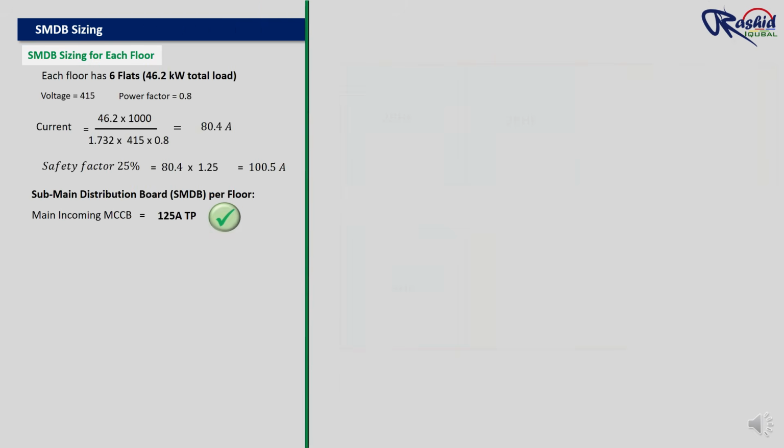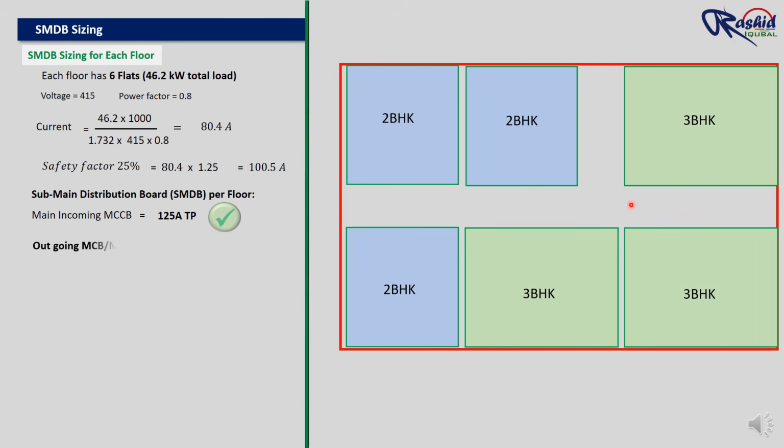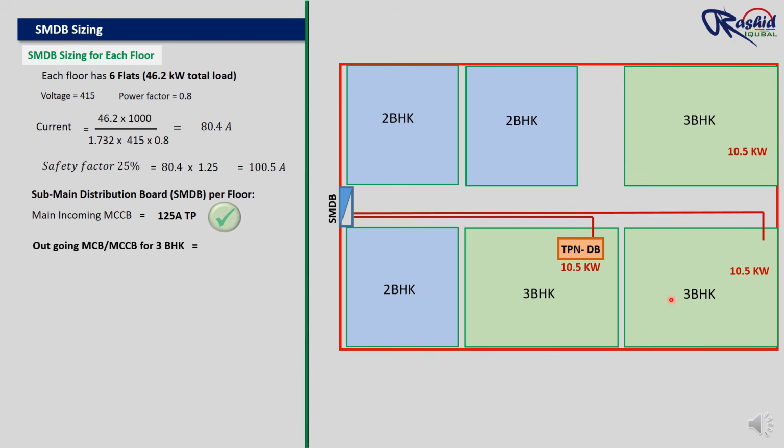Since the 3 BHK flat has a load of 10.5 kilowatt and we have 3 flats, we need to provide protection for 3 units of 3 BHK flat. So in that case we need to select a 32 ampere TP MCCB for each flat.